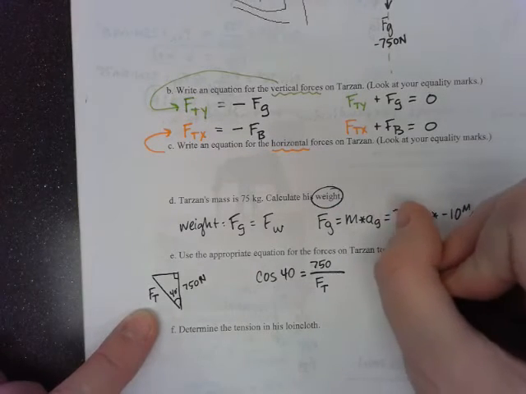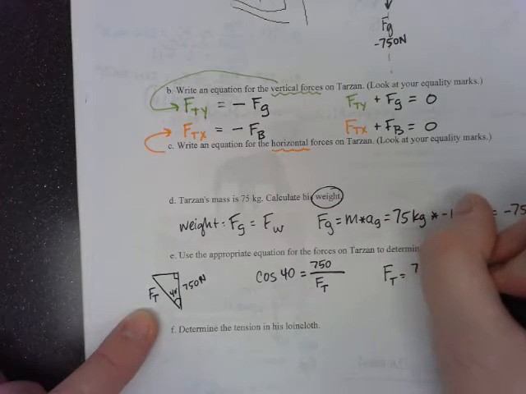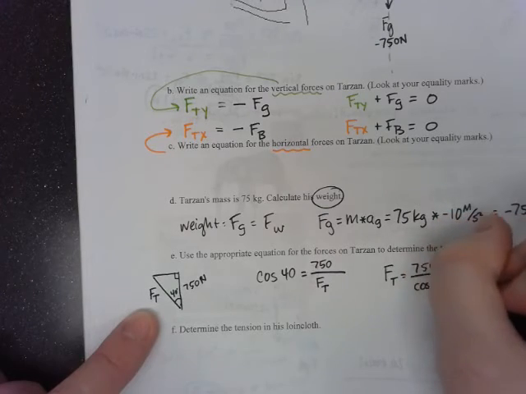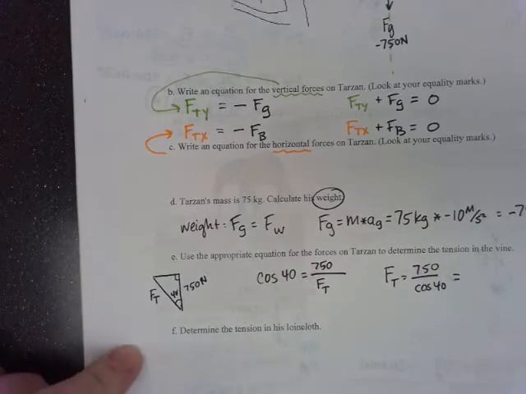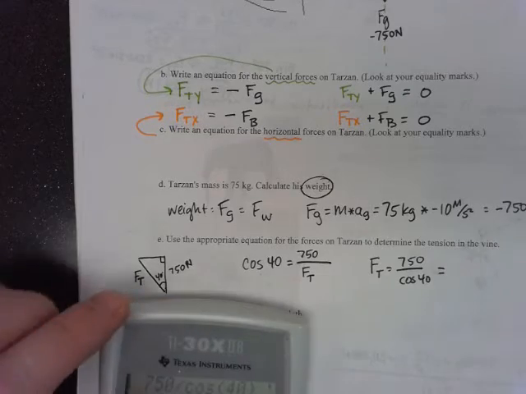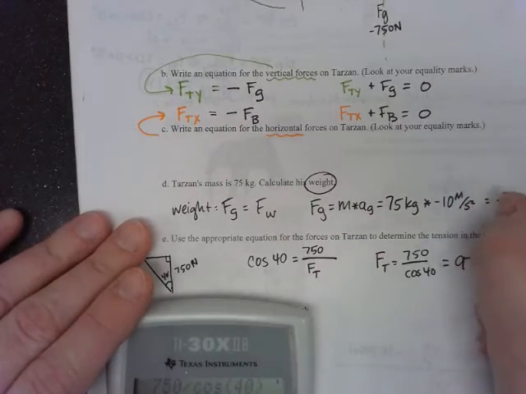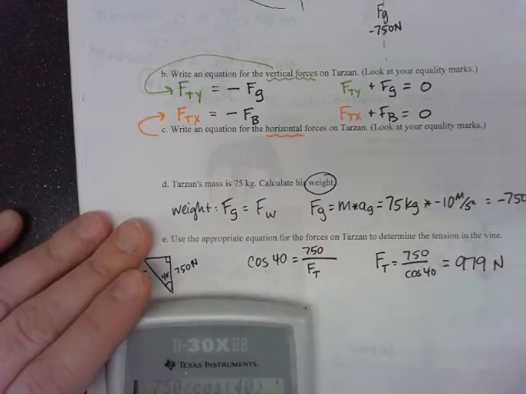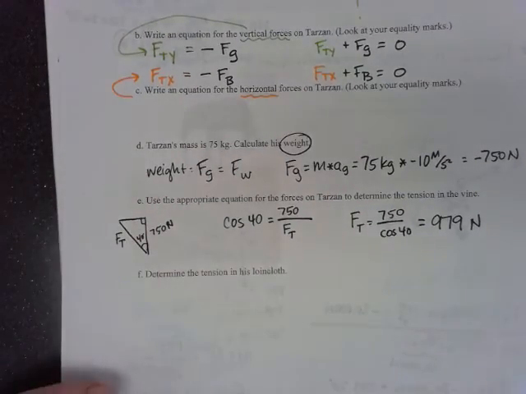So FT is 750 divided by the cosine of 40. So I got 979 newtons for the tension in the vine.